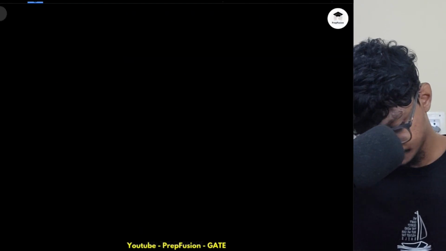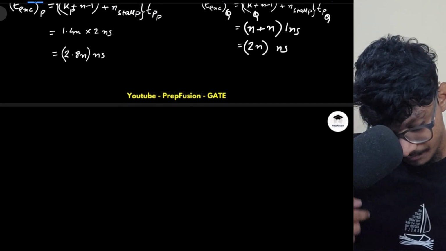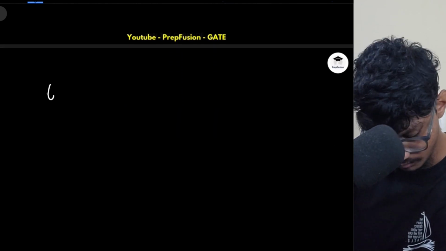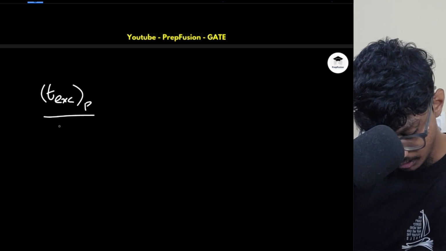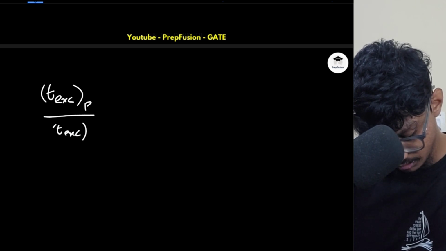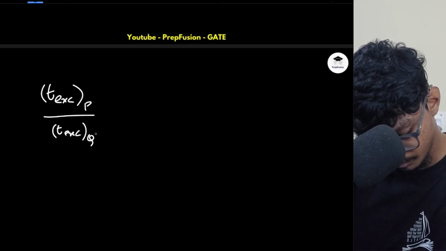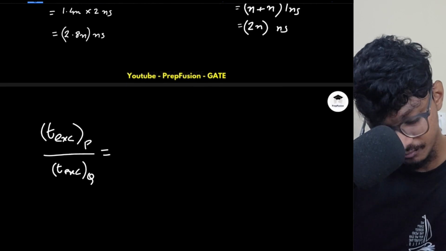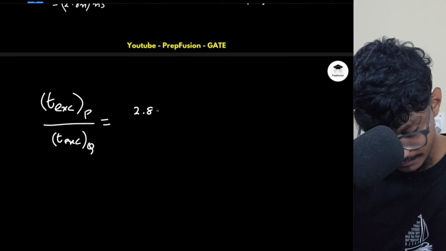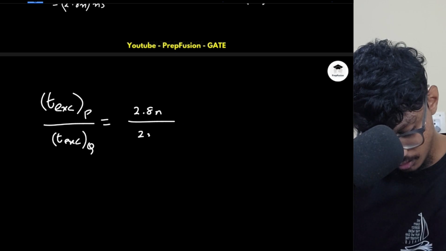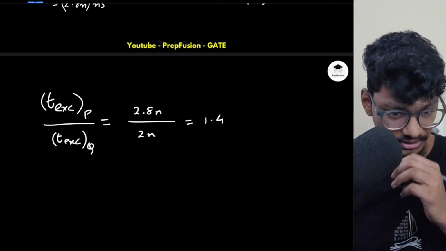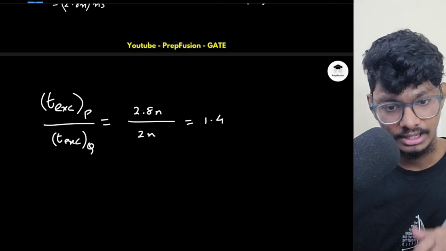And what are they asking? They are asking me the ratio of t execution p over t execution q. So obviously there has been some improvement. So it is 2.8n divided by 2n, so it is 1.4. By this much approximately I have improved.